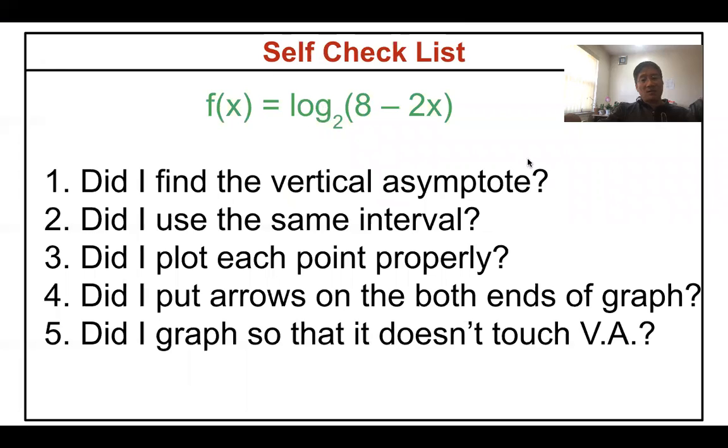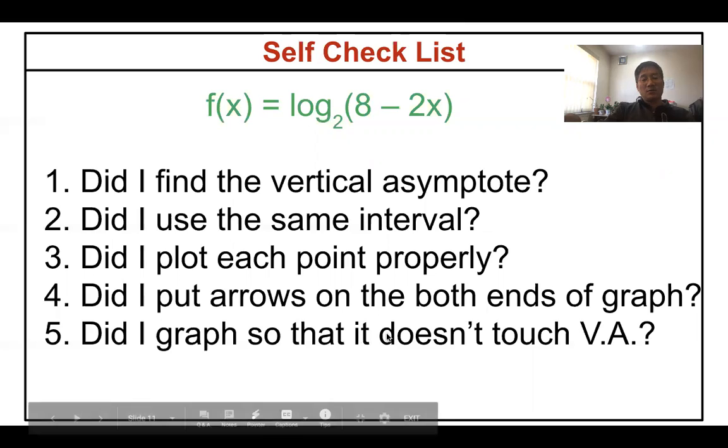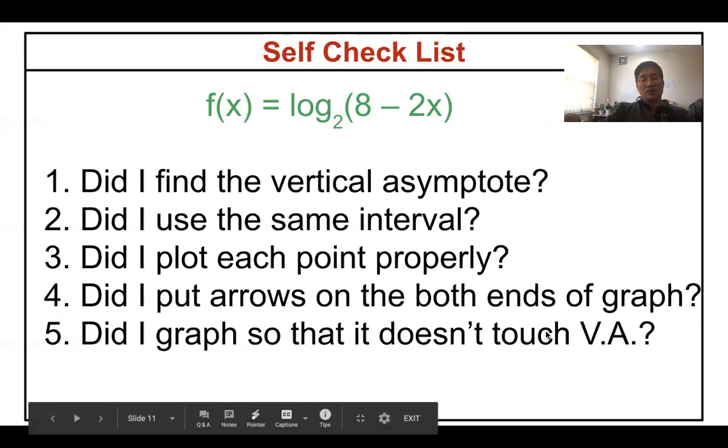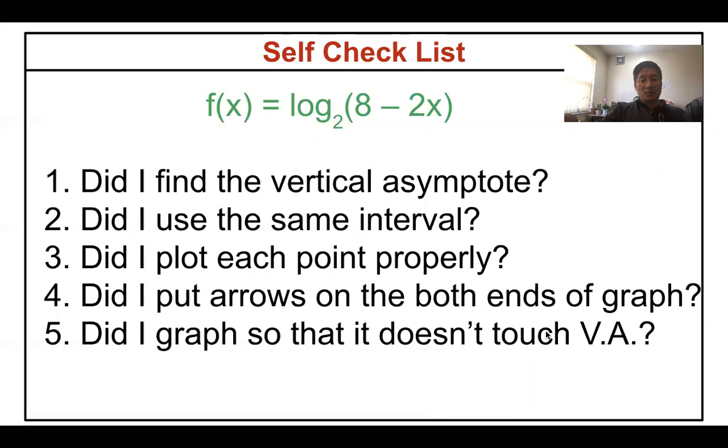For this case, it was not necessary actually. But if you think you need it, you can change the scale of x. And did I plot each point properly, only integer values, put the arrows on both ends, and make sure you don't touch the vertical asymptote?